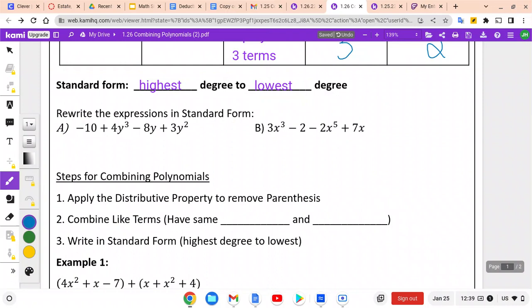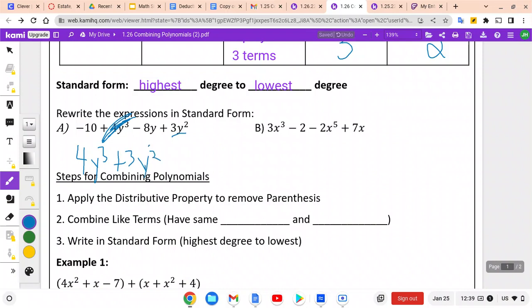So put that into practice. Highest degree goes first. Notice there's no negative in front of the 4, so he's positive 4y cubed. He's got the highest exponent. You can cross him out if that helps you with organization. Then the 3y squared doesn't have anybody to combine with, and there's a plus in front of him, so you write plus 3y squared.